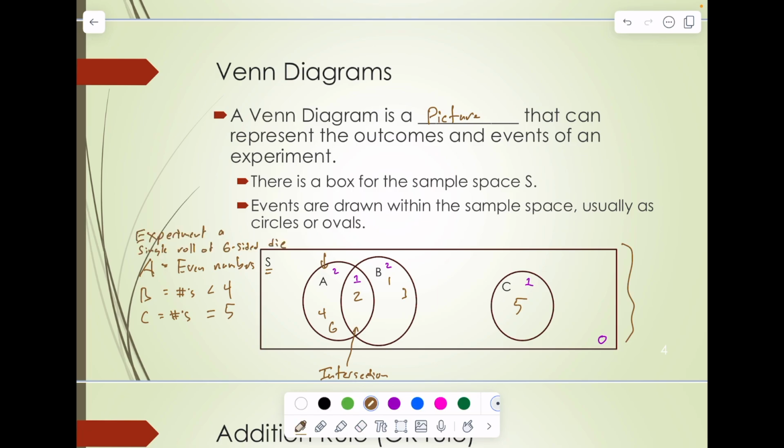So the experiment is a single roll of a 6-sided die. So brown is the actual outcomes and purple are the outcome counts. And so if we add up all of these outcome counts, 2 in A, not in B, 1 in A and B, 2 in B, not in A, and 1 in C, and 0 in the sample set, if we add all those, we get the total number of outcomes, which is 6.